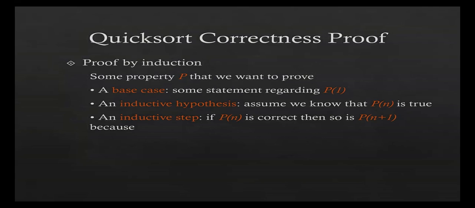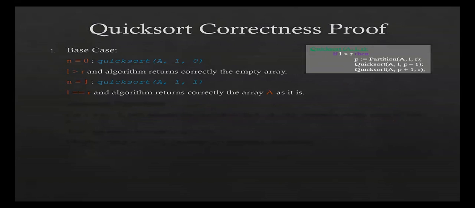For the hypothesis step, we assume that it works correctly for n. In the inductive step, we say that if P of n is correct, then P of n plus 1 must be correct, right? And we'll prove this since P of n is true in our hypothesis step.